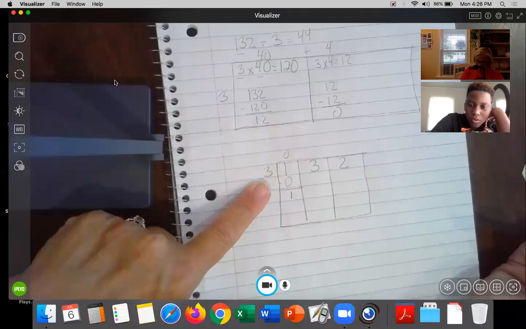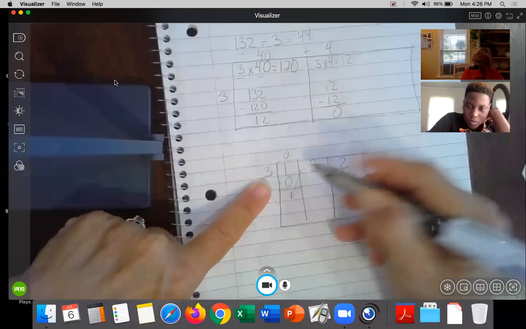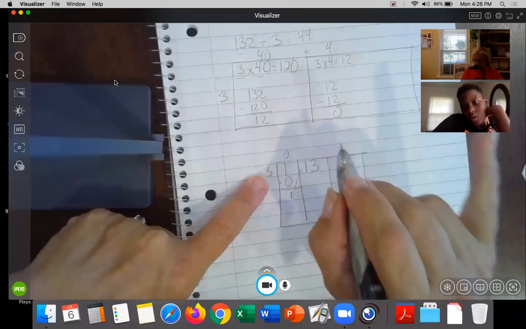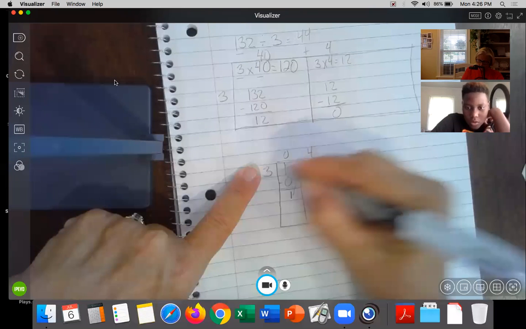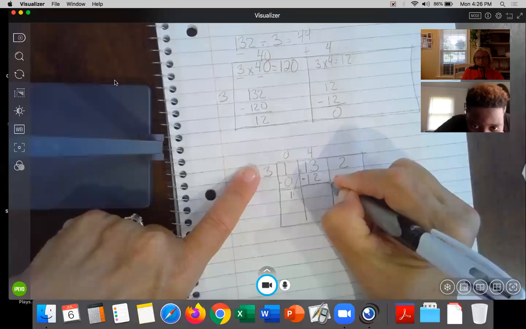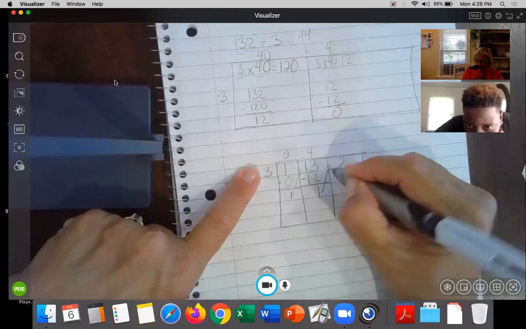Now I'm going to take this 1 and put it here in this column. 3 goes into 13. 3, 6, 9, 12. 4 times. 4 times 3 is 12. I subtract, and I get 1. I'm going to carry this up to this column.